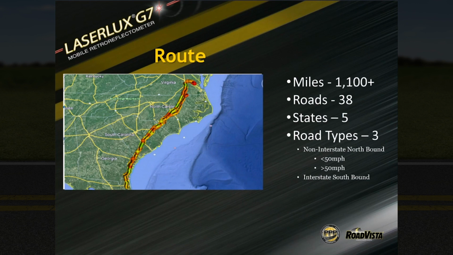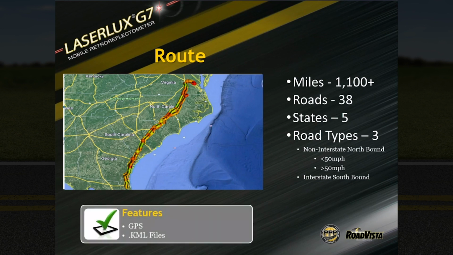Non-interstate we drove northbound, and interstate we drove southbound. Non-interstate, we divided into 2 segments: one under 50 miles per hour and one over 50 miles per hour. The reason we chose that is because a lot of other studies use those as their segmentation, and of course FHWA looks at that as well. So that's why we wanted to do that.